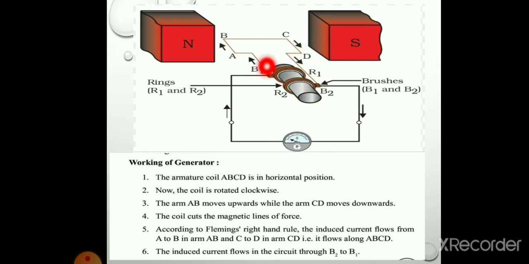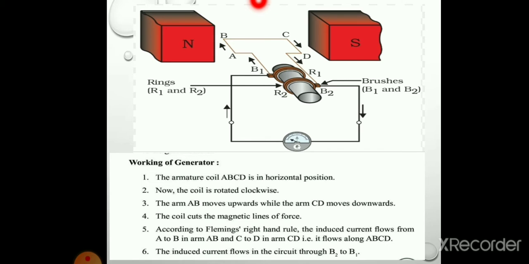So when we apply Fleming's right hand rule on side AB, the force is in the upward direction and the magnetic field is from left to right.